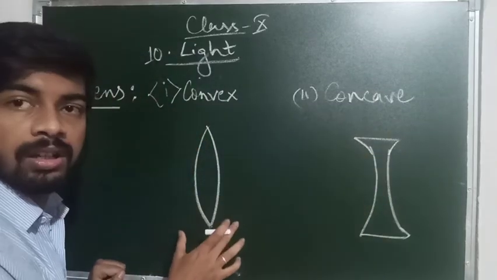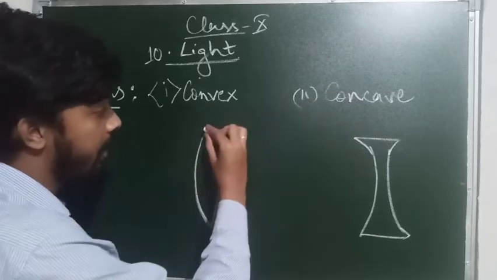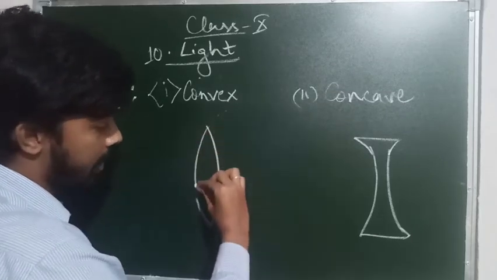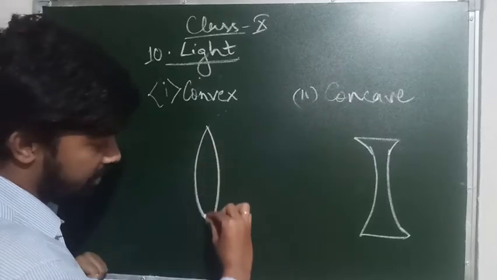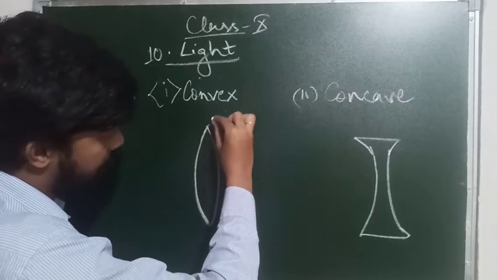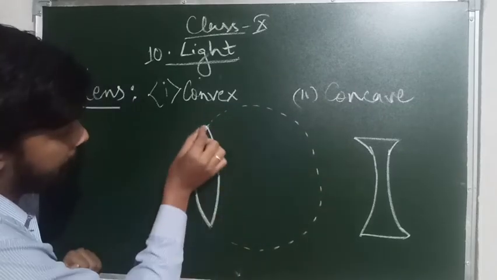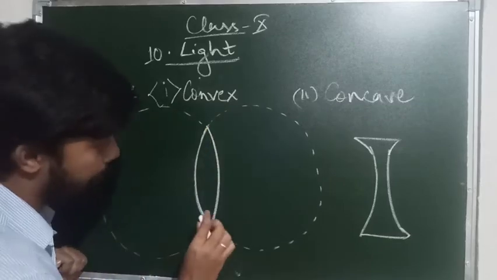If you imagine, there are actually two circles overlapping each other. If I draw this outer curve and extend it, it takes the shape of a circle. Again, if I extend the second one, it also takes the shape of a circle.